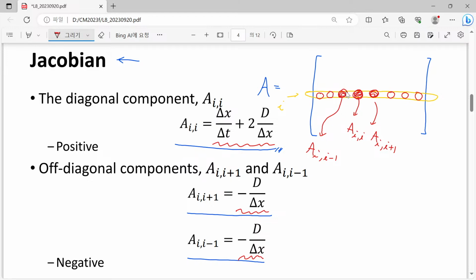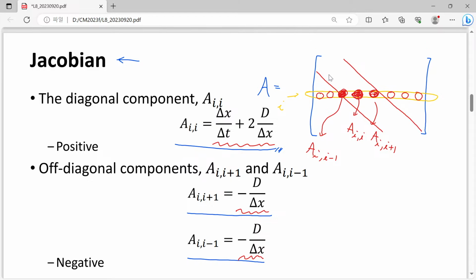So now you have only three non-zero values for your Jacobian matrix. Simply speaking, when we make this Jacobian matrix, you will find a really limited bandwidth.